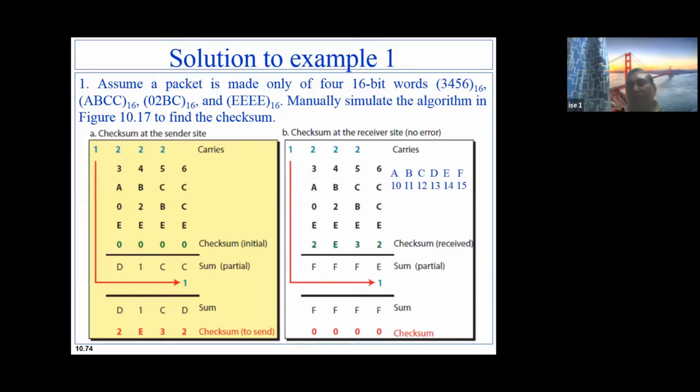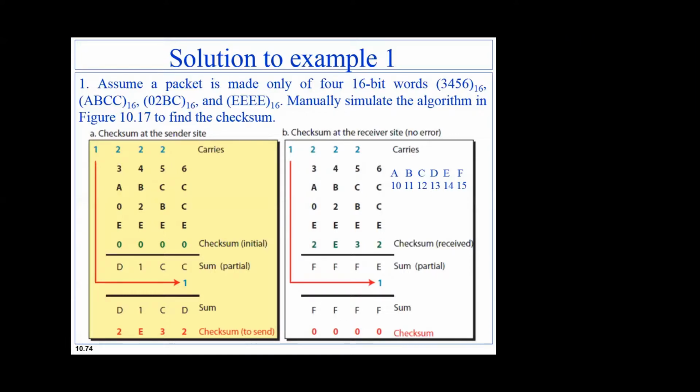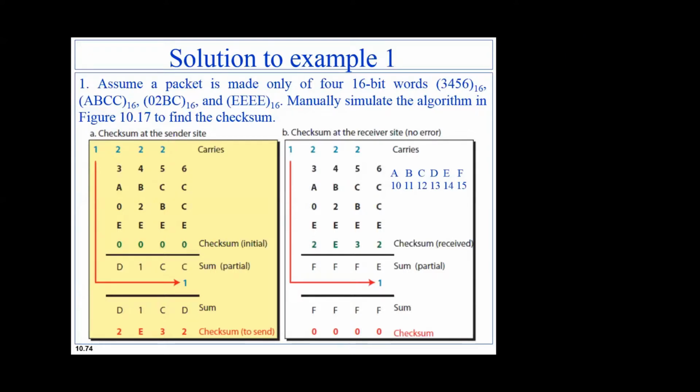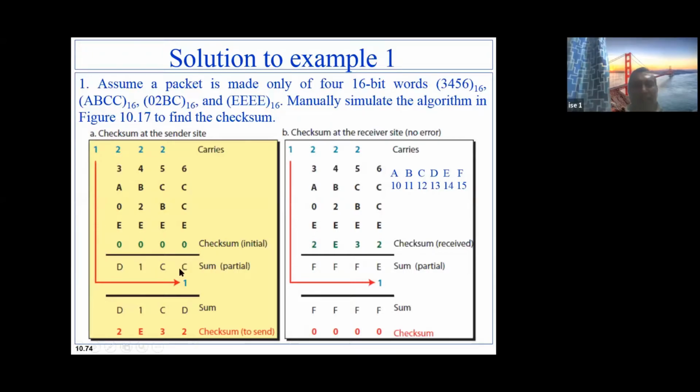How many times does it go? 2 times. What is the remainder? 12, which is nothing but C. So I have got this C, and that 2 becomes the carry. Have you understood how I got this 2 and this C?